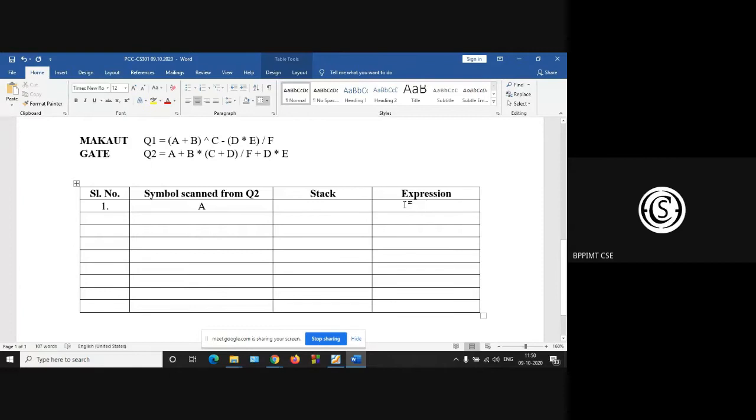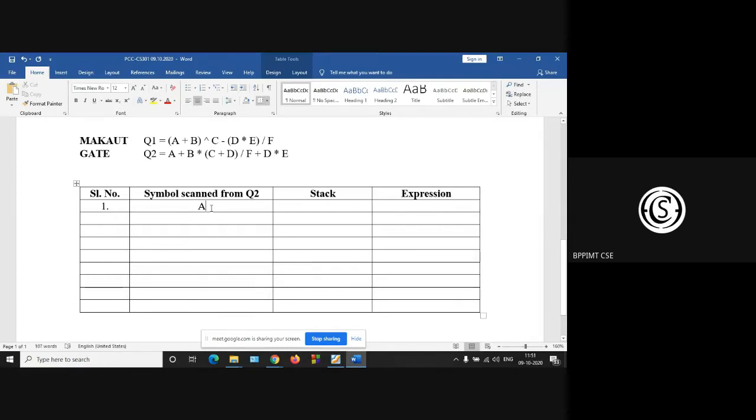So this is the first one. Sir, the opening bracket should not be counted in the symbol. Yes, first, we are doing Q2. Okay, so first is A.